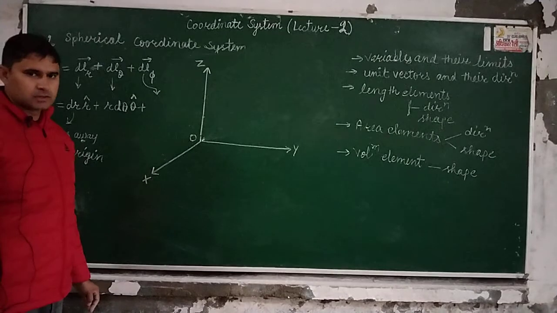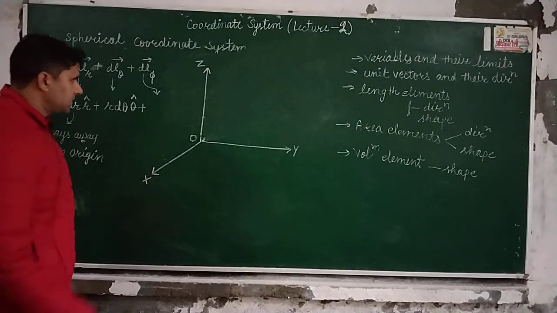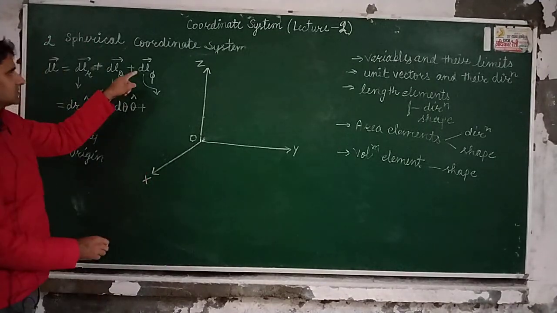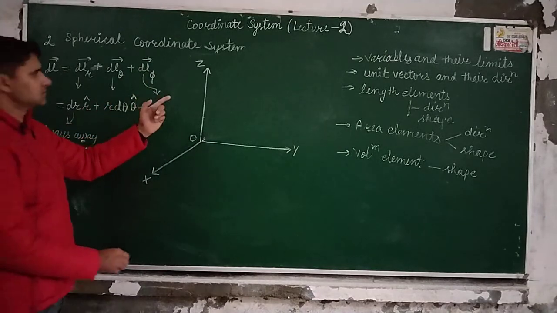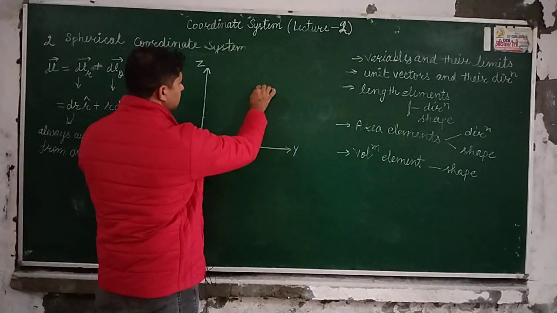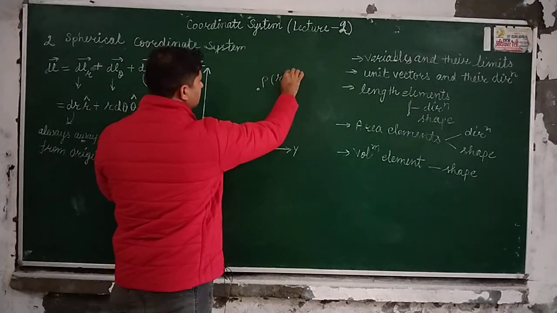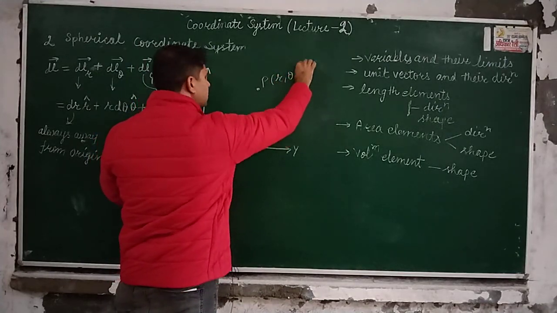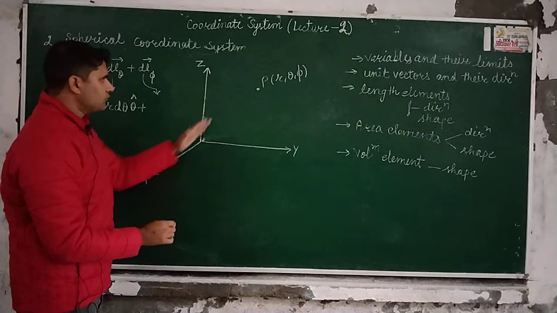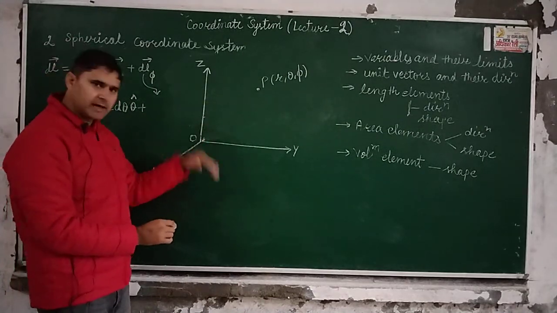Now we are to discuss dl phi, and we have a point here. This point is P and its coordinates are r, theta and phi. Now we are to find its projection in the xy plane.